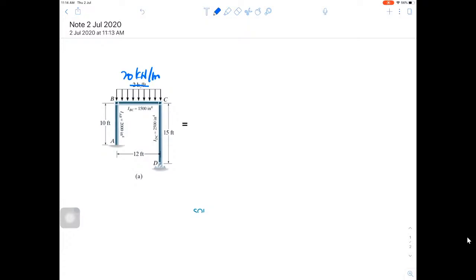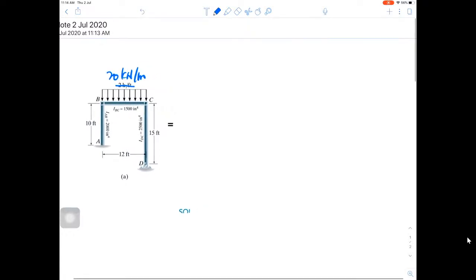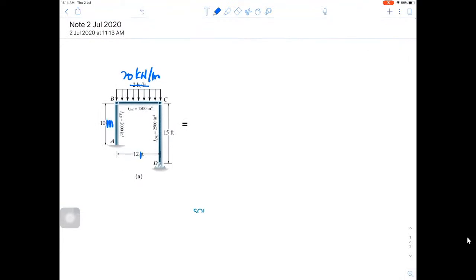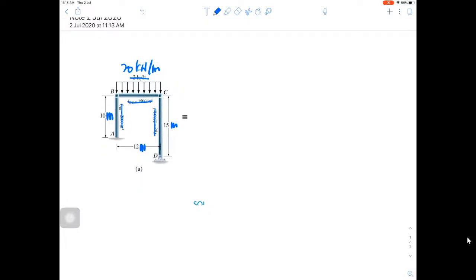Okay, A, B, C and D. The lengths are 10 meter, 12 meter and 15 meter. I is not constant, I want to make it constant, like this. Let's say this is EI. Make it not constant, EI like this.